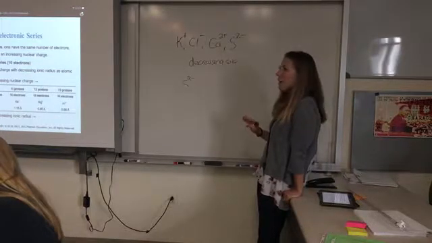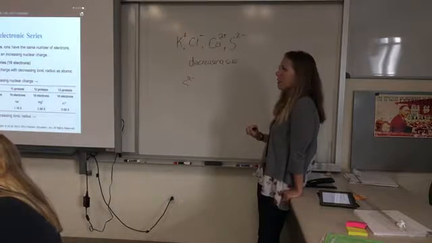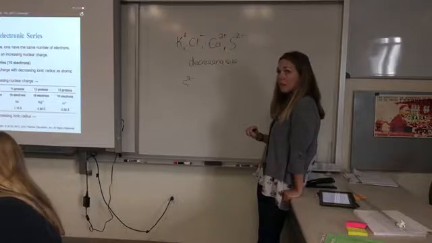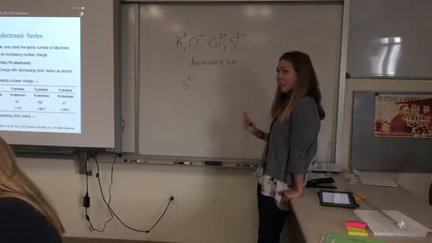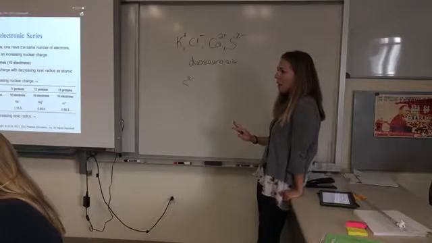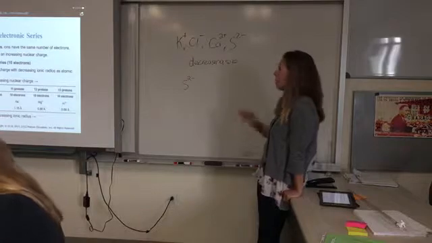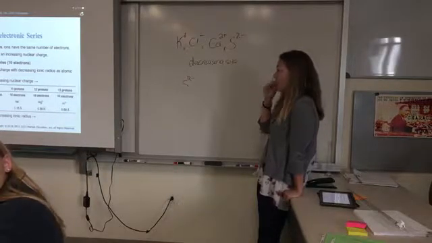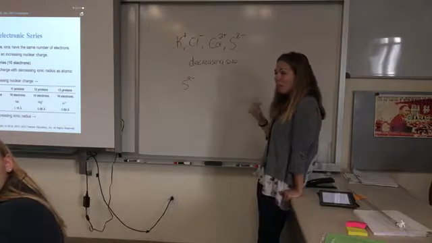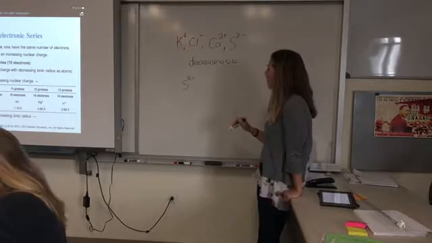How many electrons do all of these have? 18. They all have 18. Which means they all have the same amount of electrons, which is 18. What's different about them? The protons.